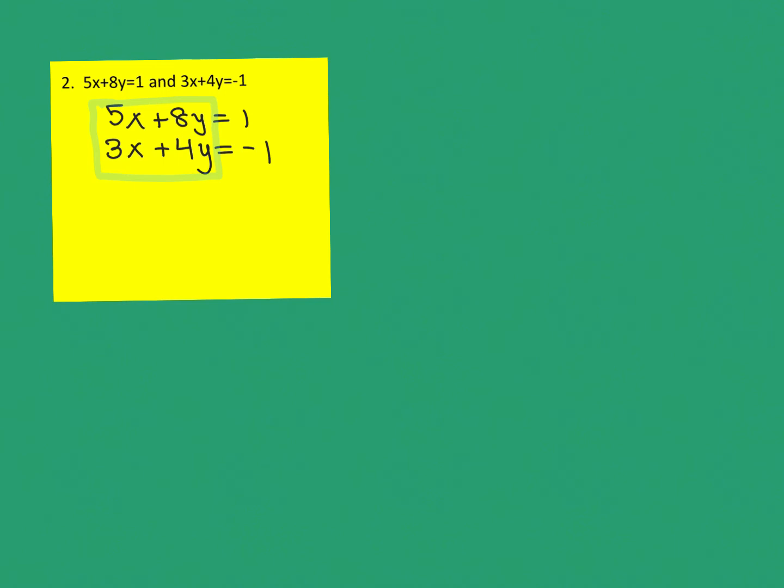So that means we're going to have to do the next step, which is to multiply one or both equations by an LCM. Now, when I'm working on these, we know that there's a lot of work involved, okay? A lot of arithmetic we have to do.